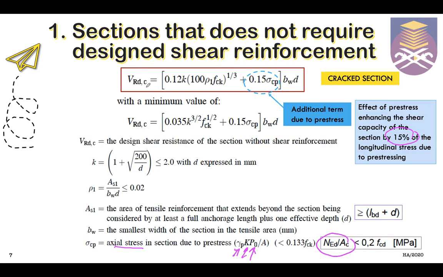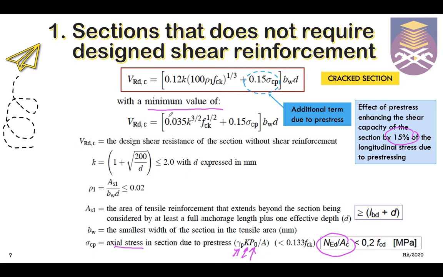So once you calculate this VRd,c, you have to compare with this minimum value. So if the value is smaller than the minimum value, the value that we are going to consider for our section will be this second equation, right? Okay, so you can see that the equation is almost the same, only that we have this difference in the first term, right? Okay, so this is actually similar to the reinforced concrete design, right?